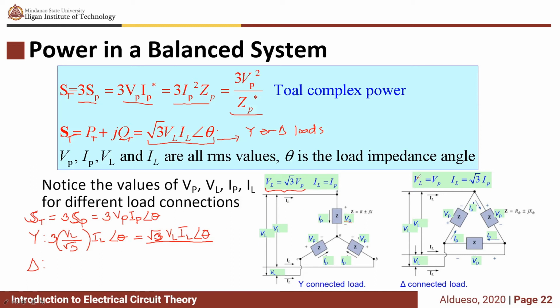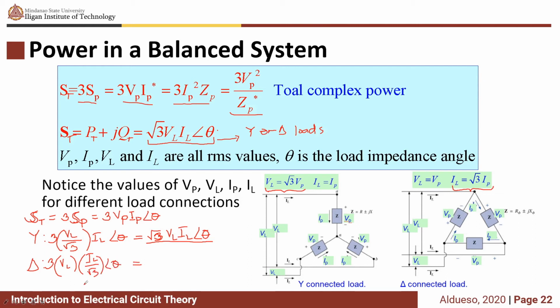Now if we look at the delta connected load, we have the VL and the VP is just equivalent. Now the IL is equivalent to square root of 3 times IP. So this equation now becomes 3 times, so VP is just equal to VL, then we have IP is equivalent to IL over square root of 3 angle of theta.